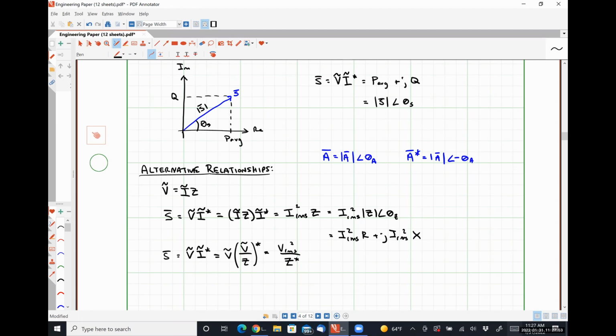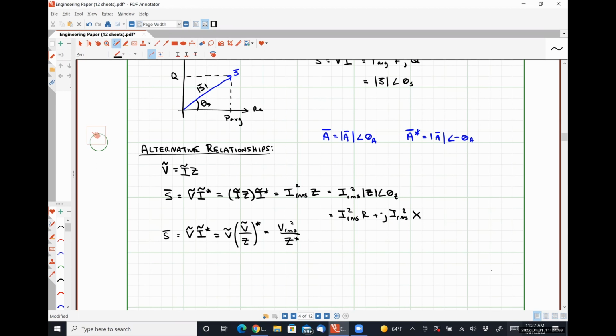We can use these relationships and come up with simple complex power relationships for resistors, capacitors, and inductors that effectively tell us how they behave.